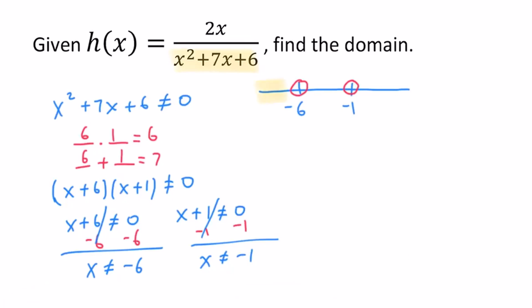So on the left side, in the middle, and on the right side. So our domain: we have from negative infinity to negative 6, not including negative 6. So we have parentheses, union from negative 6 to negative 1, parentheses, union from negative 1 to infinity.